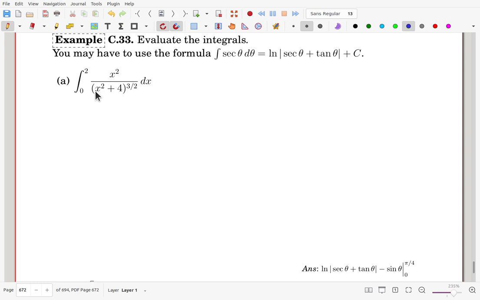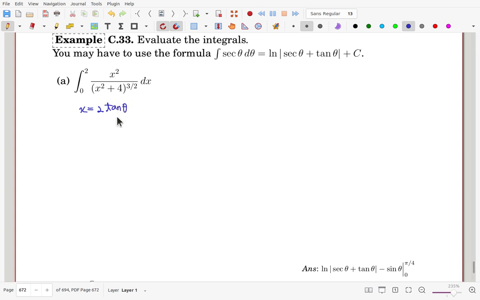X can be an arbitrary number. So therefore, of course, here x is between 0 and 2, but along with that change, we can eliminate this square root portion.